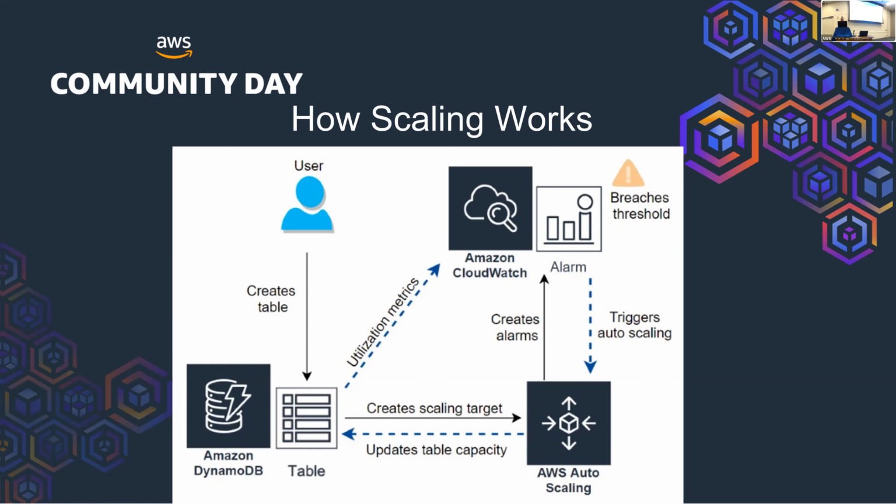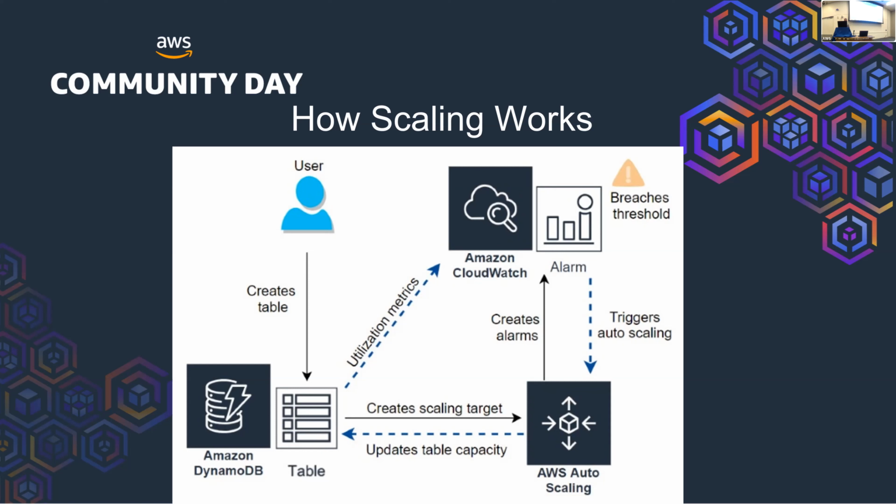So for instance, if your table is provisioned with 50 WCU, it will create an alarm stating that if your usage goes beyond that 50 WCU for a period of, let's say, 60 seconds over 5 data points, then this alarm will trigger.